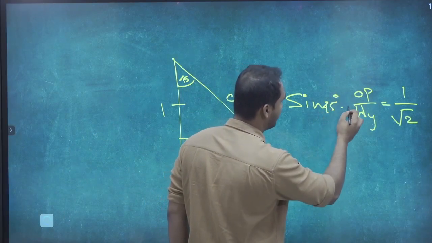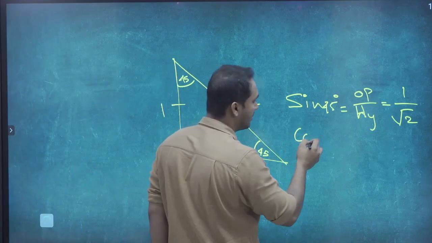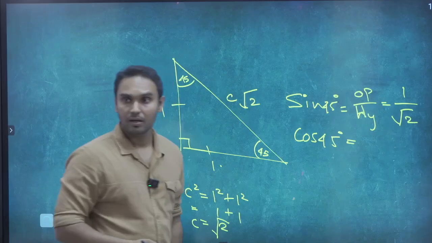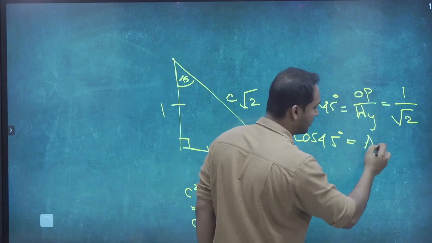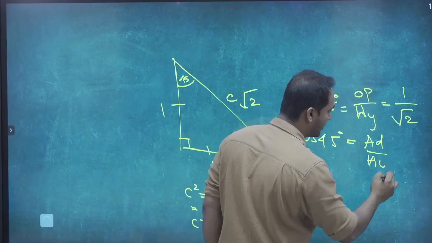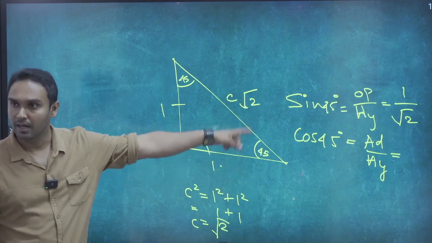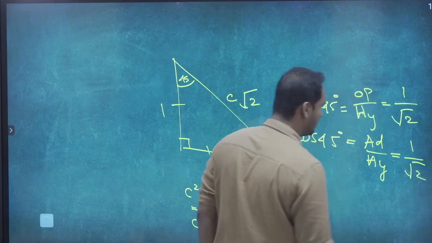And the cos 45 is what? Cos 45 is the adjacent over hypotenuse. What is the adjacent here? 1, and the hypotenuse is √2. That will be 1 over √2.